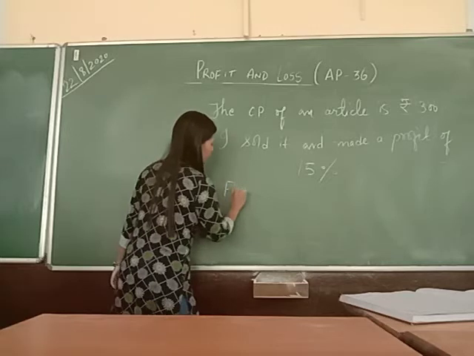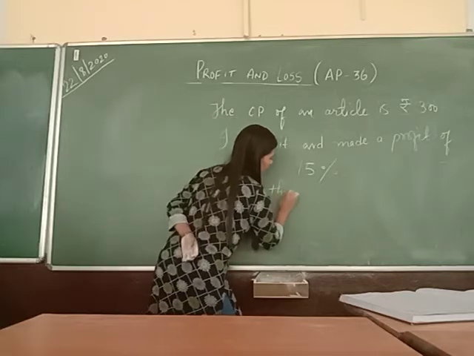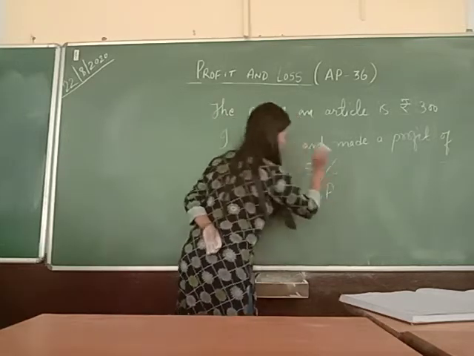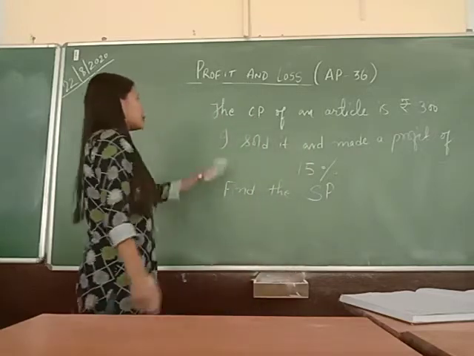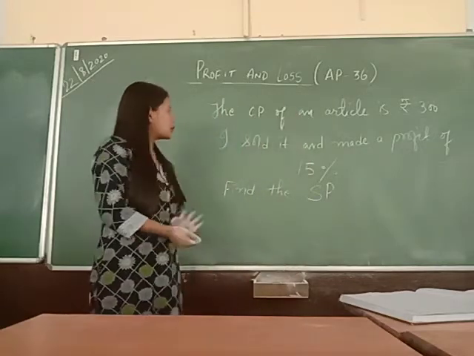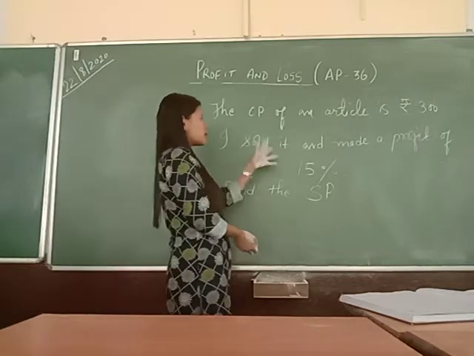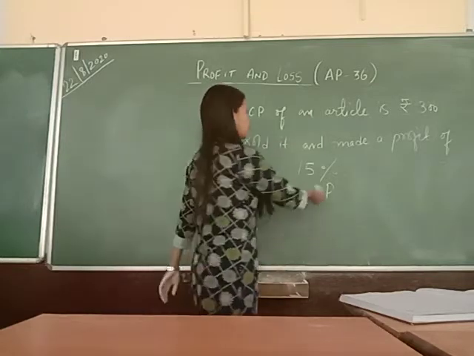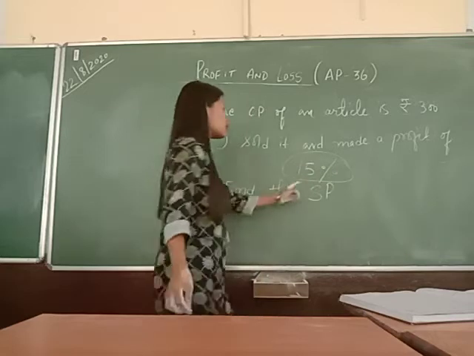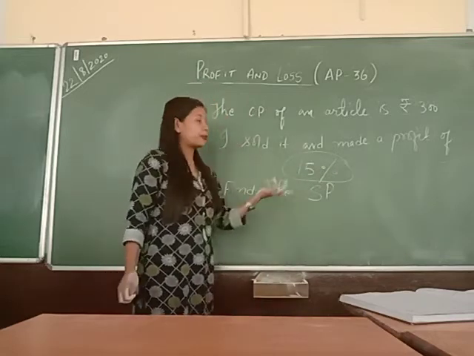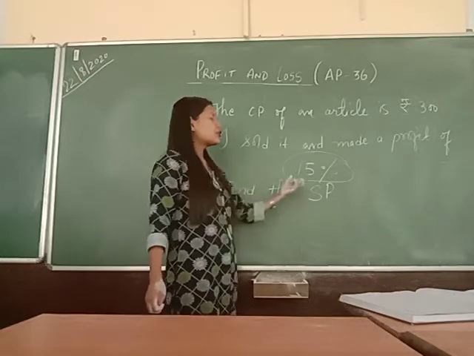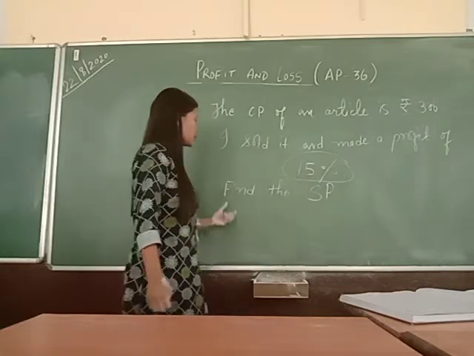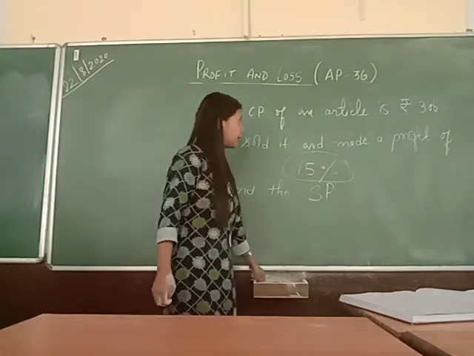Find the selling price. So see, the cost price is given, which is rupees 300, and I sold it in such a way that I made a profit of 15%. Remember, I did not make a profit of rupees 15. I made a profit equivalent to 15%. So I need to find the selling price.